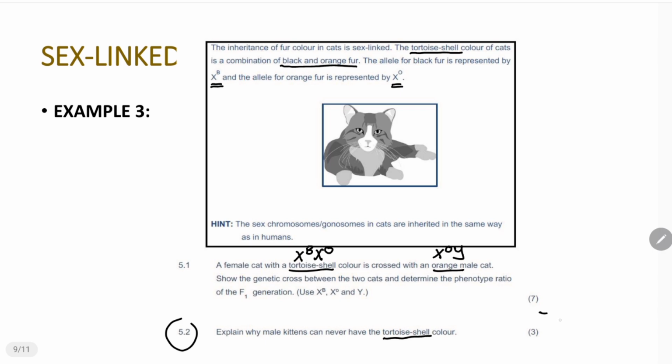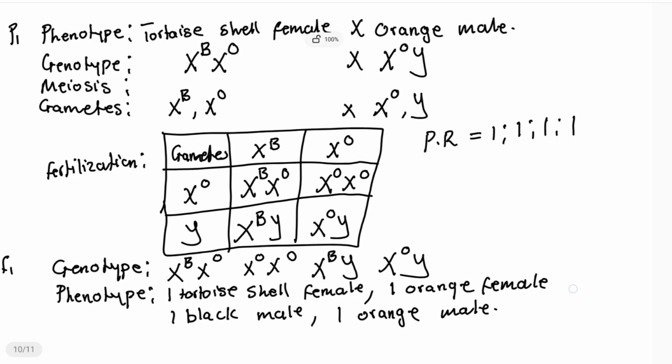Therefore, 1 X chromosome will have the capital letter B and the other chromosome will have the capital letter O. But since males only have 1 X chromosome, it is impossible for them to have a tortoiseshell color because it will only be formed in a heterozygous condition. And the alleles that control fur color are carried on the X chromosome. So it is impossible for males to have tortoiseshell, right?